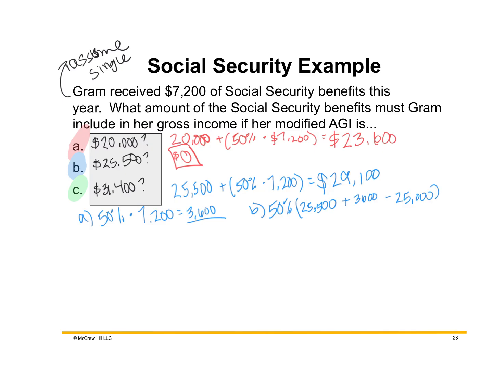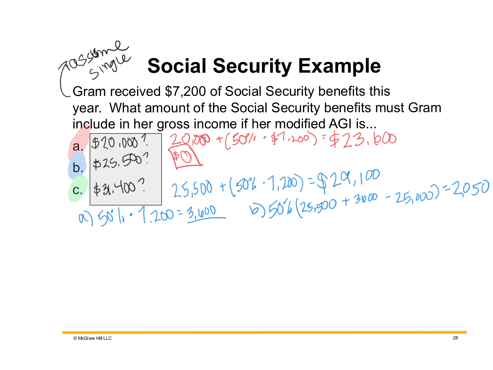So if we plug all of that into a calculator, 25,500 plus 3,600 minus 25,000 gives us 4,100, and multiply that by 50%, that gives us 2,050.